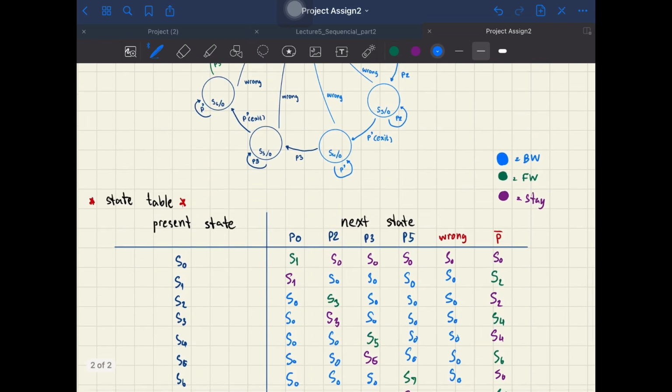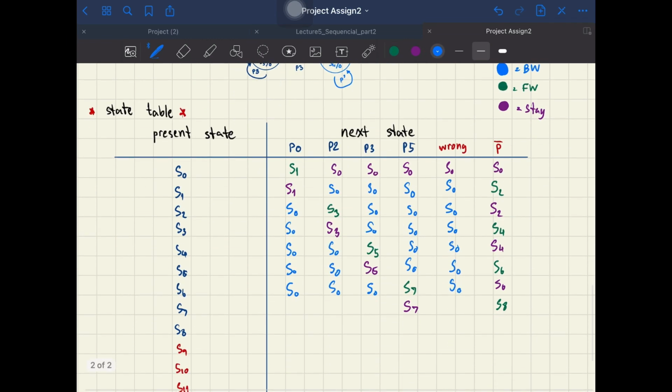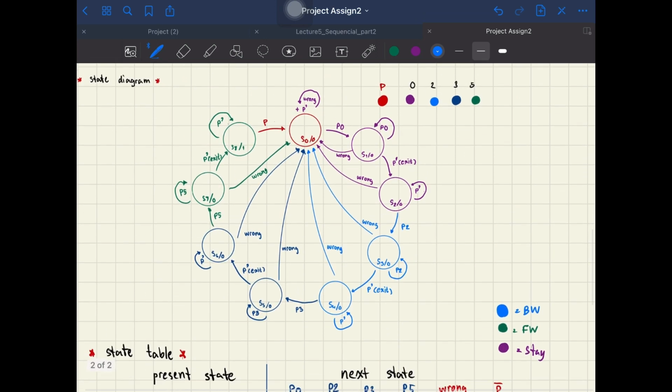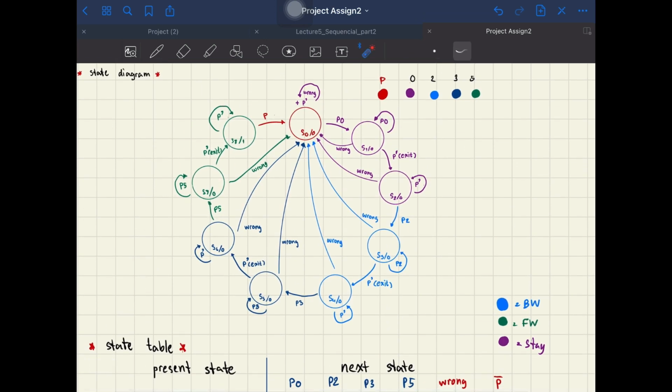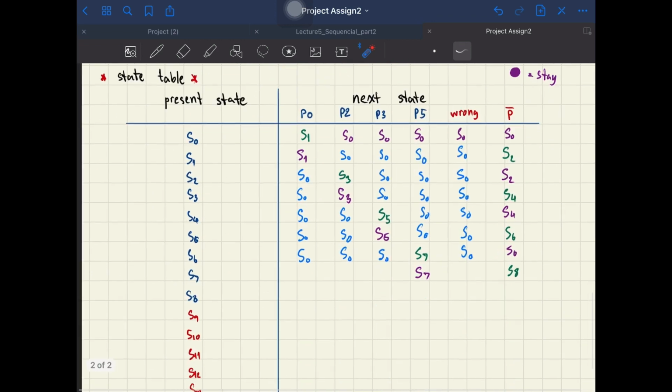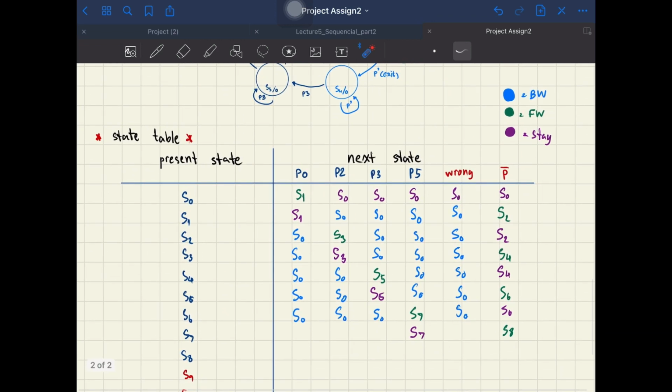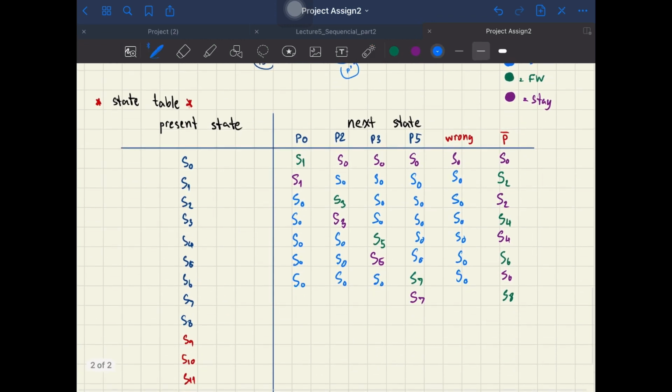And if you press 0, press 2, press 3 and wrong case, you will go back to state 0. So go backward. I will use light blue, state 0, state 0, state 0, 0. So this thing represents the next state. This represents the action, what you do.